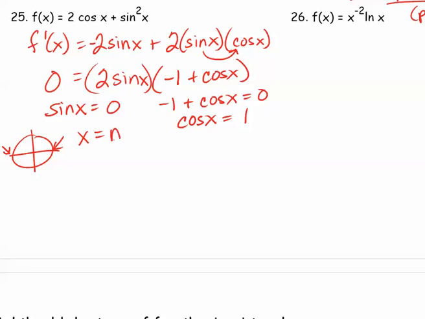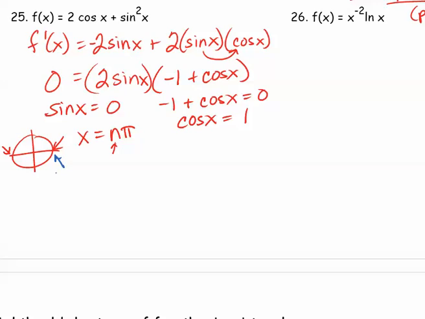So 0, 1 pi, 2 pi, 3 pi, 4 pi, and so on is what we mean by n. So n represents any integer. And where is the cosine of x equal to positive 1? Well, that happens to be only this same place.